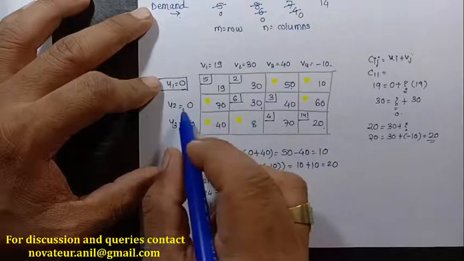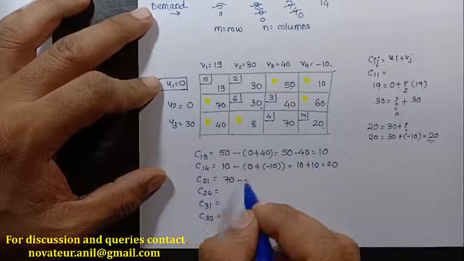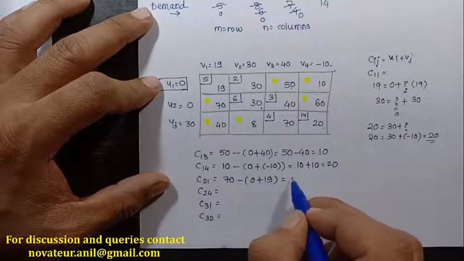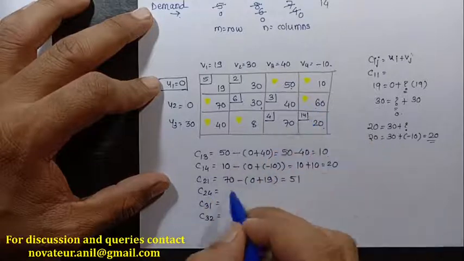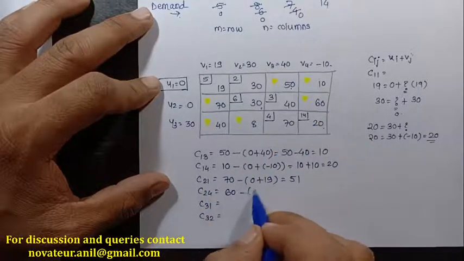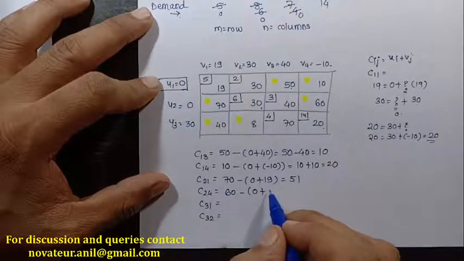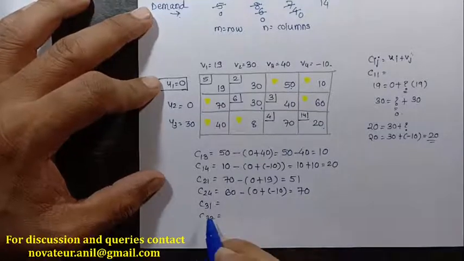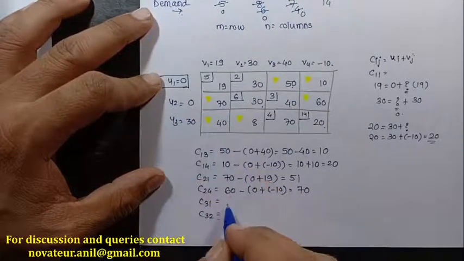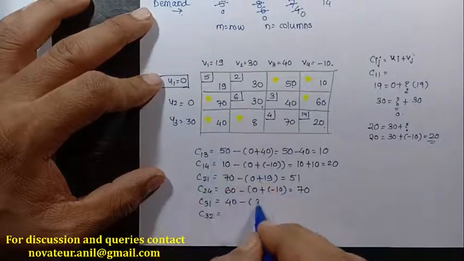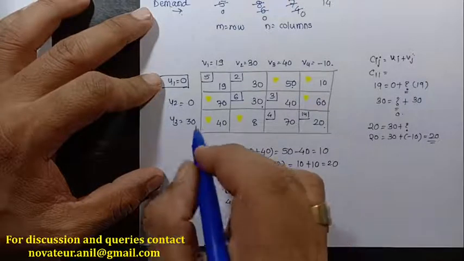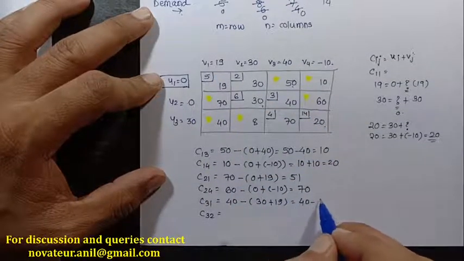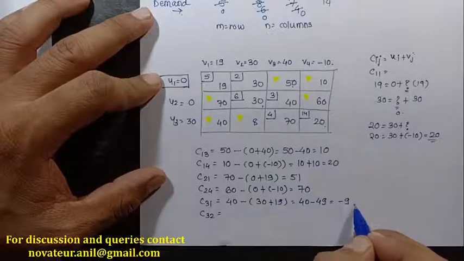Then C21 is 70. The adjacent U value is 0, plus the adjacent V value is 19, so that is nothing but 51. Similarly C24 is 60, the adjacent U value is 0, the adjacent V value is minus 10, so again it becomes positive, so it will be 70. Now see C31, that is this 40: the adjacent U value is 30, plus the adjacent V value is 19, so that is 40 minus 49, which is equal to minus 9.